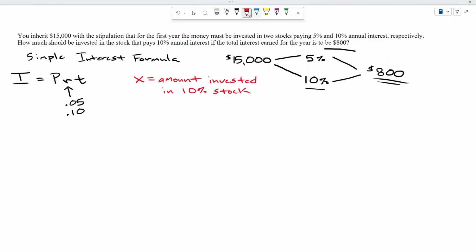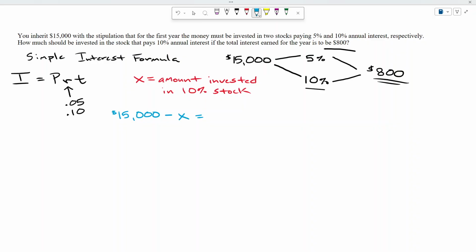So let's do this one in blue. So if we know we invested all of the 15,000, so if x is what we put into the 10% stock, well then it would stand to reason that whatever is left over, 15,000 minus whatever this was, that has to be what we put into the other stock.